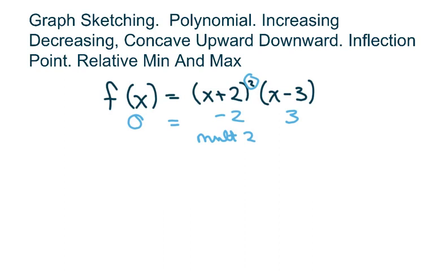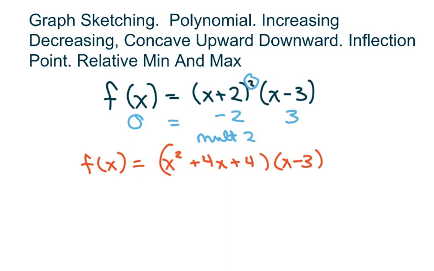The first thing we want to do is FOIL this out, so when we take the derivative, we can. When you FOIL it out, you get x squared plus 4x plus 4 times x minus 3.